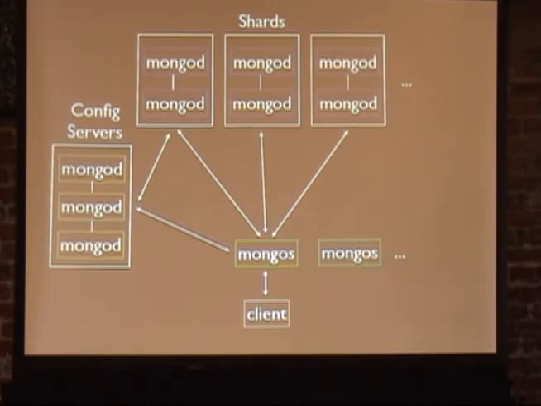Yeah, and so basically what happens is that if a chunk starts to grow too big, the way we rebalance is that there are two operations, a split and a migrate. A split will basically just take the chunk and divide it into new chunks, and that's pretty much a metadata operation. And then there's a migrate operation, whereby you take your chunk and move it to a new shard. And that's how rebalancing works. And that's where the config servers come in.